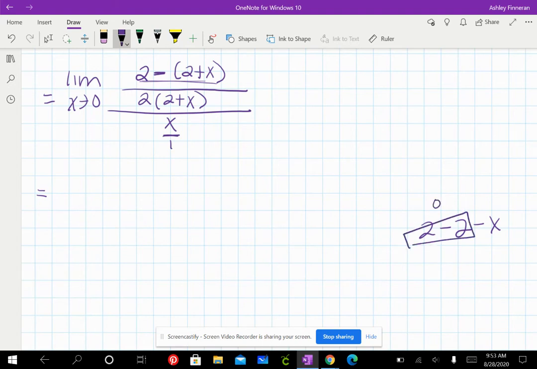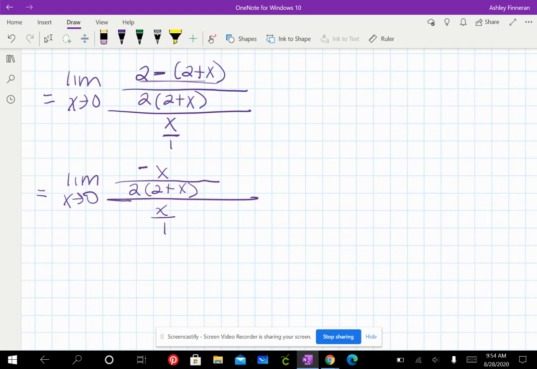This gives me negative x. So I end up with negative x over 2 times 2 plus x, all over x over 1. So now I just have division between fractions. It's as simplified as I can get it. I suppose I could distribute that 2, but I don't need to.